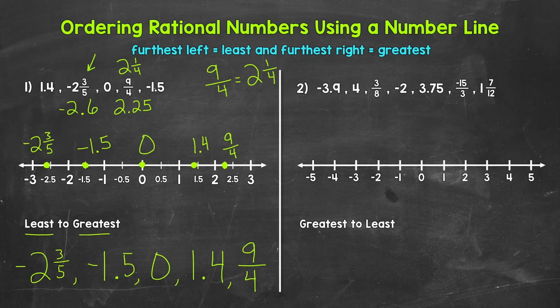Now remember, it can be helpful to have everything in the same form, either decimal or fractional. Some situations may work better with all fractions and some with all decimals. And if we are given a number line showing decimals or a number line showing fractions, it may be a good idea to change according to that.